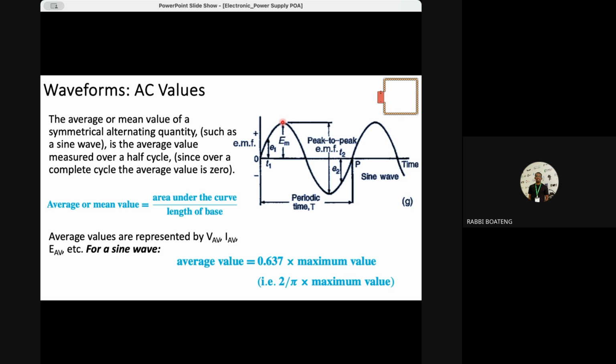So if it's voltage, it becomes the maximum voltage. Maximum voltage or peak voltage, they are all the same. If you multiply the 0.6 by the maximum voltage, you get your average voltage, because we are dealing with voltage. If you are dealing with current, the maximum current multiplied by the 0.6 gives you the average current.